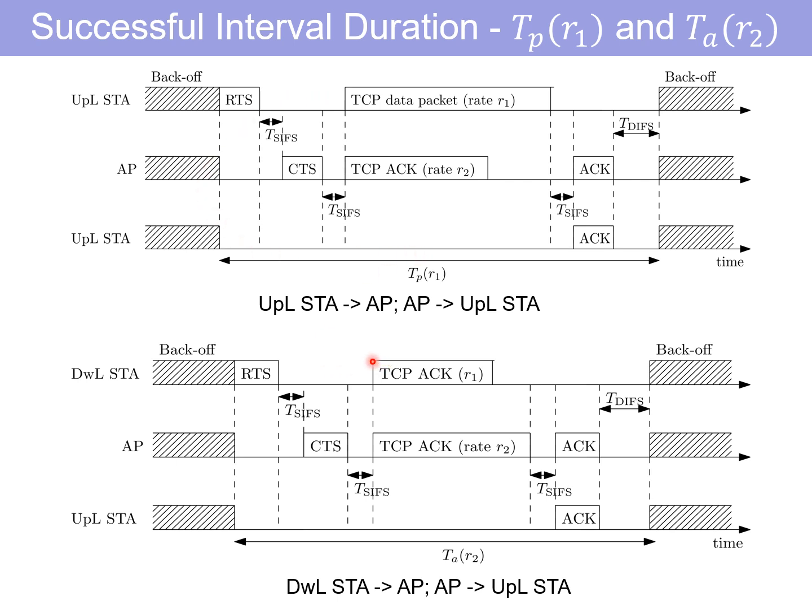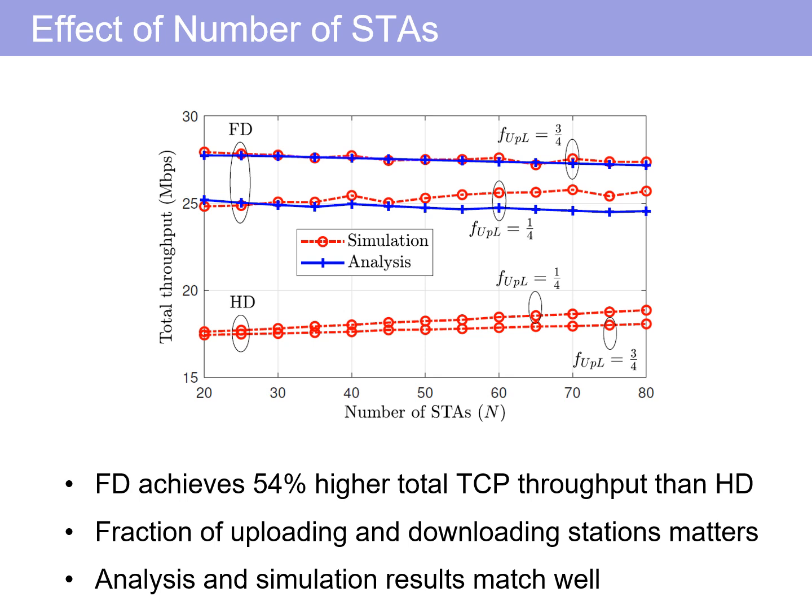And in the case where TCP ACKs are sent both in the uplink and the downlink, the longer packet duration is a TCP ACK packet sent at rate R2 by the AP, and therefore the renewal duration in this case is TAR2.